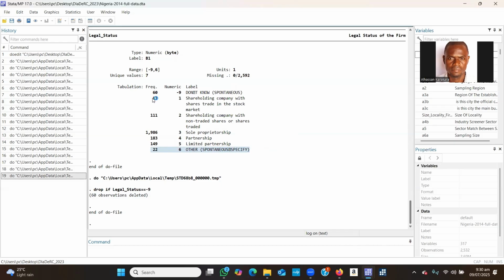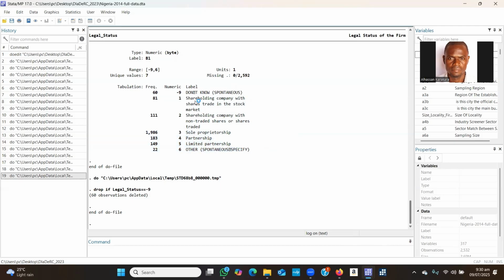Then I have shareholding firms with shares traded and shareholding firms without shares traded. You could also combine these two as shareholding firms, whether traded or non-traded, it's still shareholding. Then sole proprietor, then partnership, you add this.